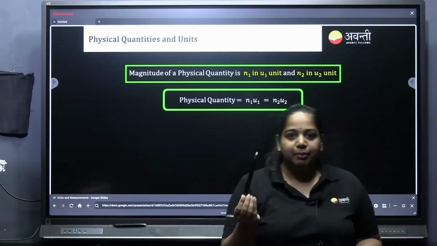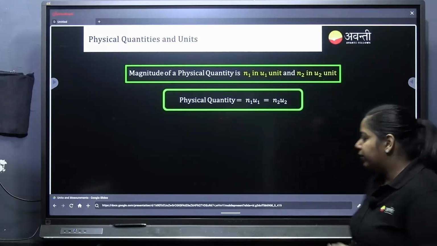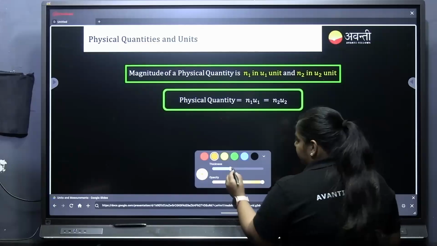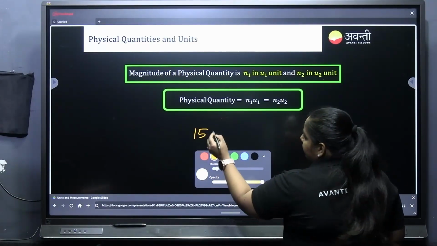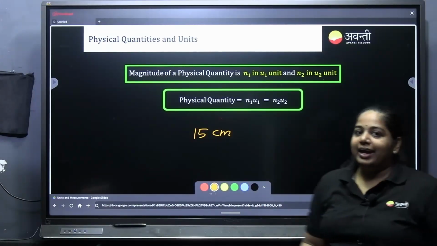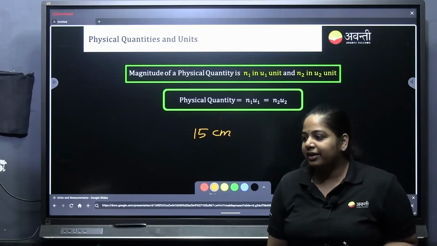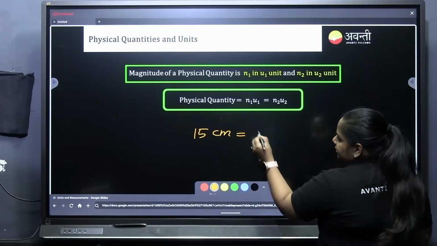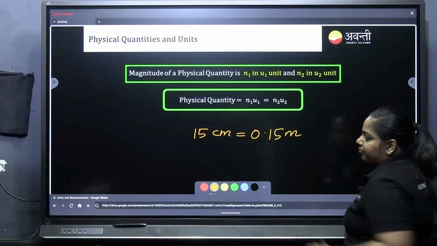Let's imagine this pen. Let's say this is 15 centimeter in length. So first unit I am taking, 15 centimeter. That is one unit. I can express the same in meters also, right? So in meters, this will be 0.15 meter.